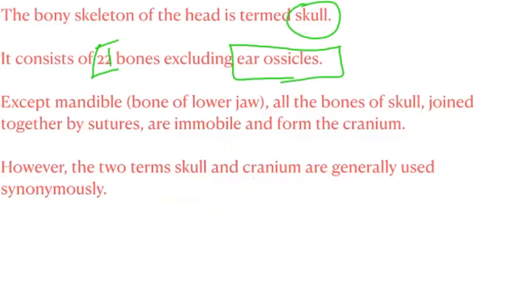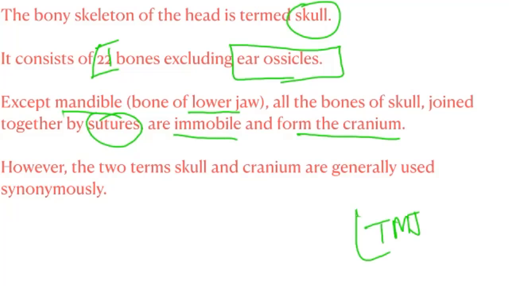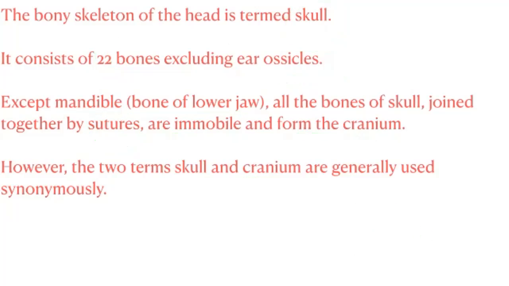All bones of the skull are joined together by sutures, are immobile, and form the cranium, except the mandible or lower jaw, which forms the temporomandibular joint. However, the two terms skull and cranium are generally synonymous.